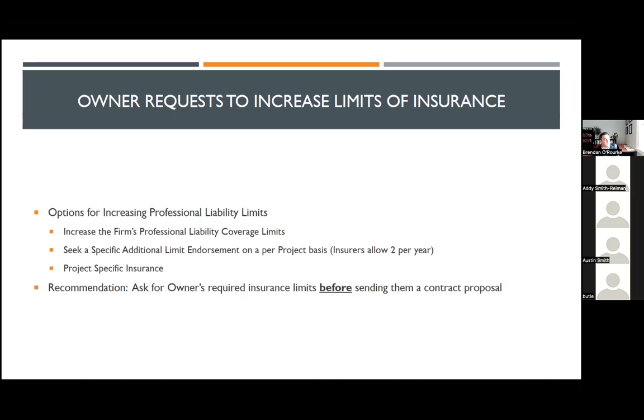So there are ways to do it. It's just, I think, understanding why the requests are being made goes back to the specific coverages being provided under both policies, the GCs and the design professionals.